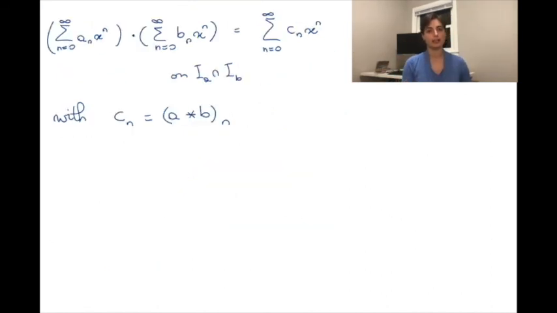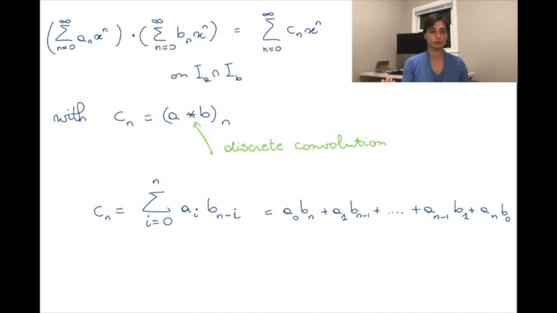Let's look a little bit at the coefficients of the power series that is a product of two power series. We say that it is the discrete convolution of the sequences of the previous two power series.